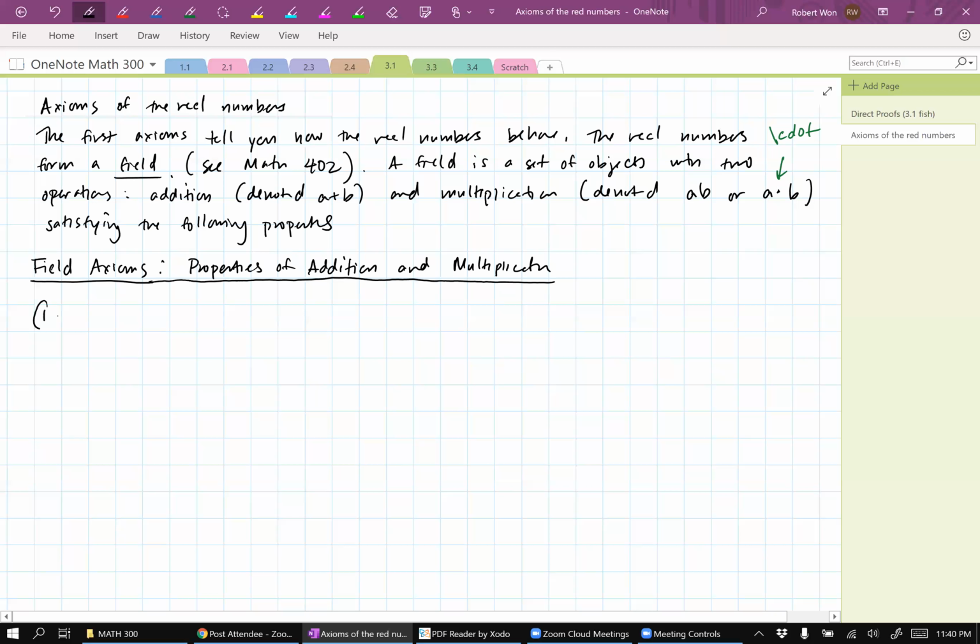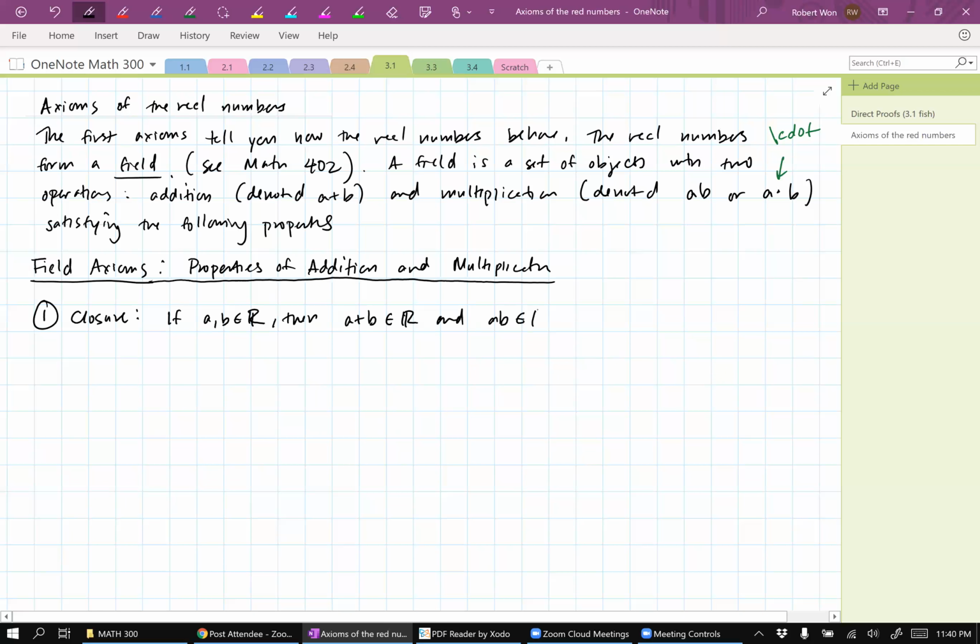Okay, so the first axiom we have is called closure. Closure under addition and multiplication. So this axiom says that if a and b are real numbers, that's our notation for that, then a plus b is a real number and a times b is a real number.